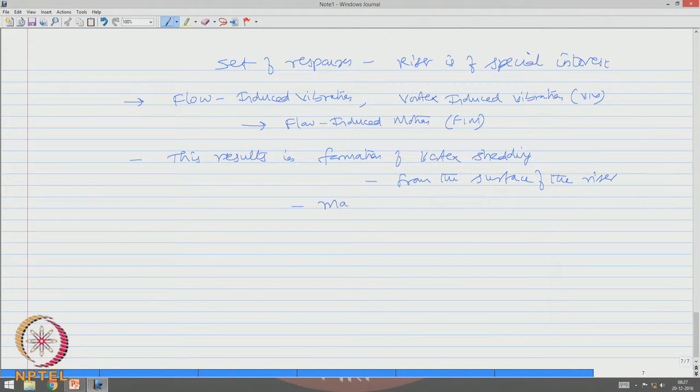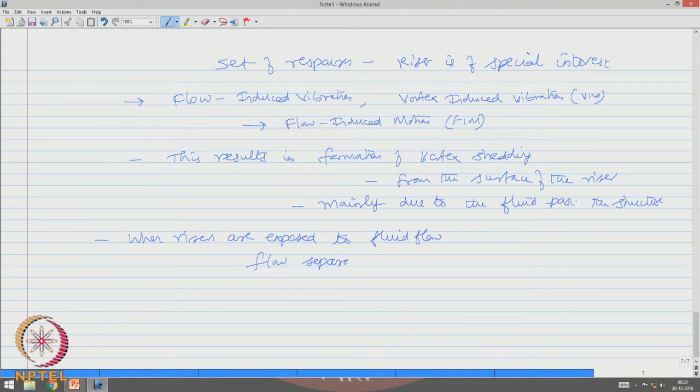This occurs mainly due to the fluid flow past the structure. When risers are exposed to fluid flow, flow separation takes place.